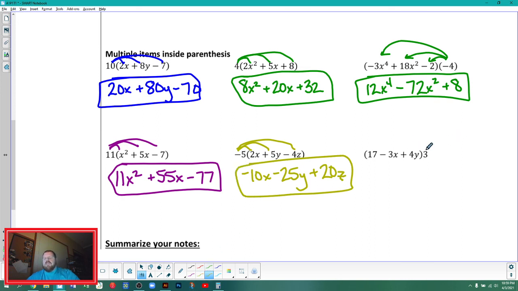And last one for today. Couldn't come soon enough. Just working our way backwards. And we have 3 times 17. 3 times 17, that's 30 and 21, so 51. Oops, that doesn't have any variables. So 51. 3 times negative 3 is negative 9.